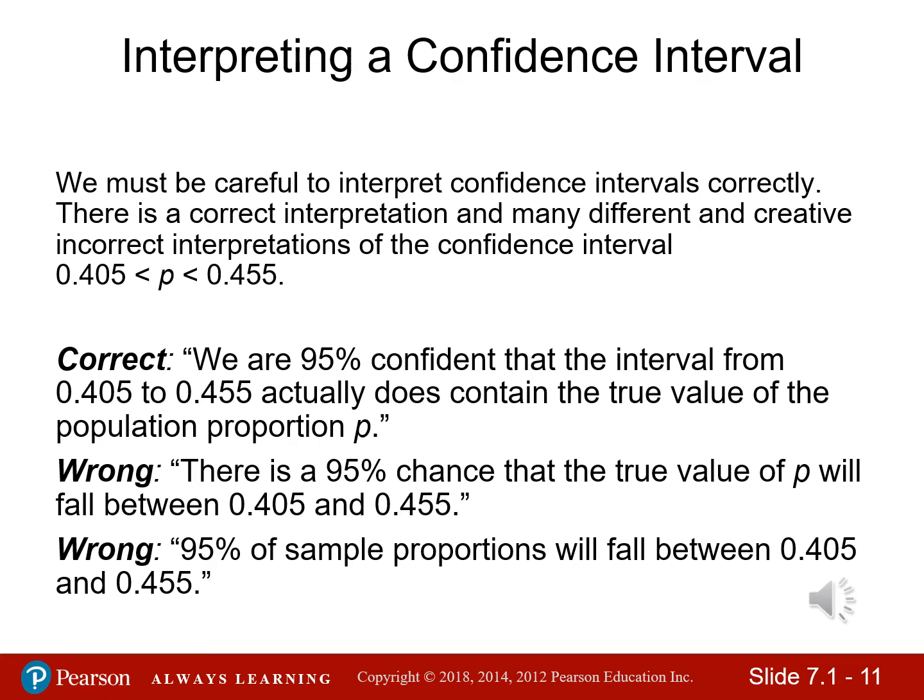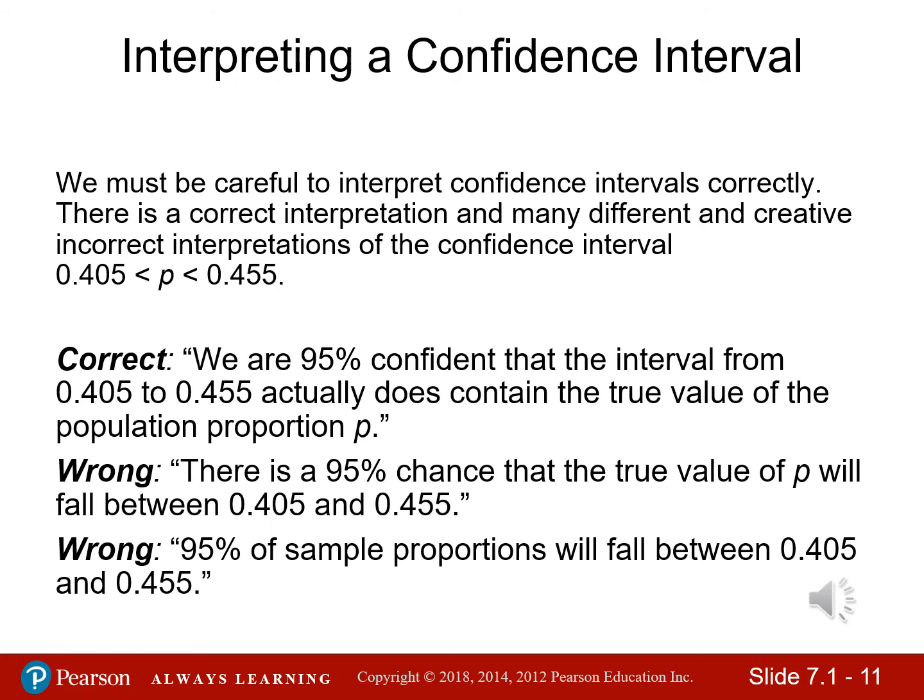0.405 less than p is less than 0.455. The correct interpretation of this is that we are 95% confident that the interval from 0.405 to 0.455 actually does contain the true value of the population proportion p.